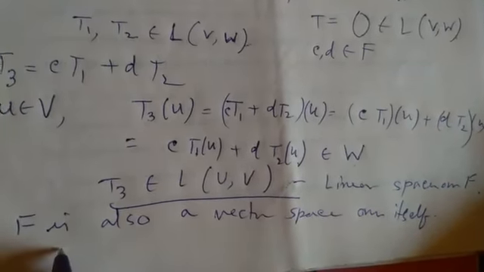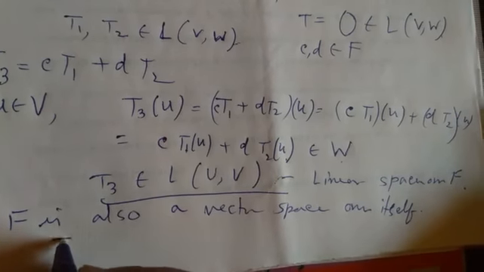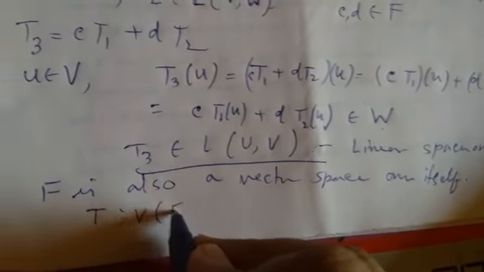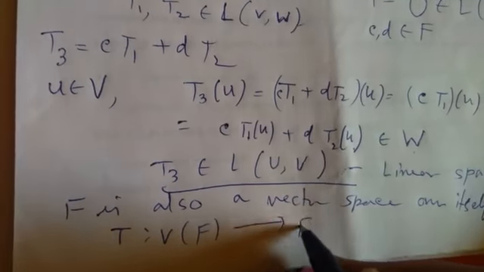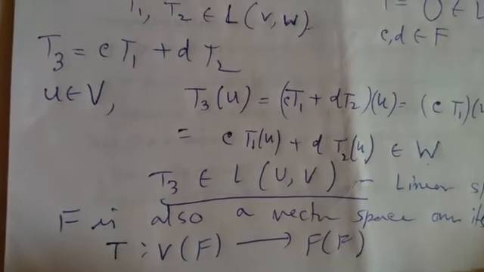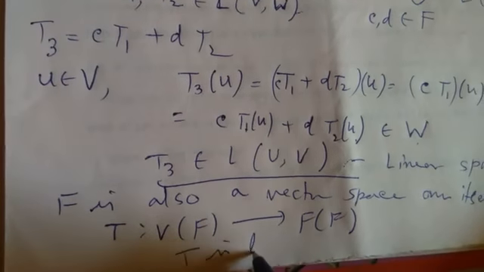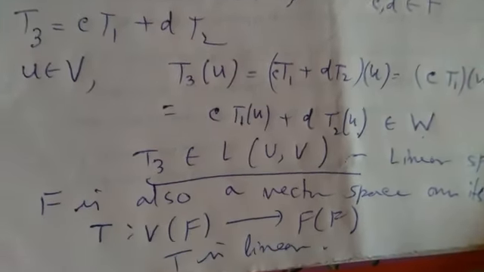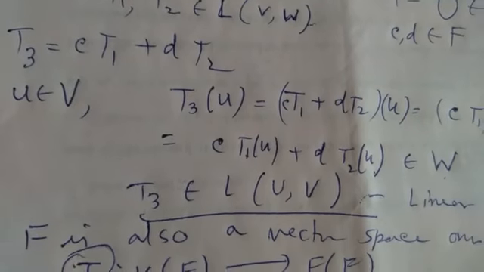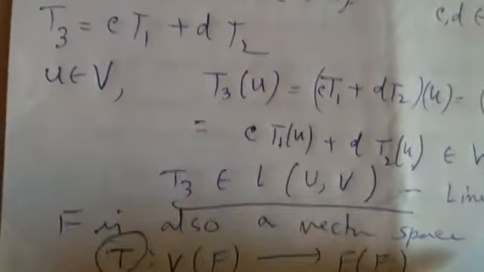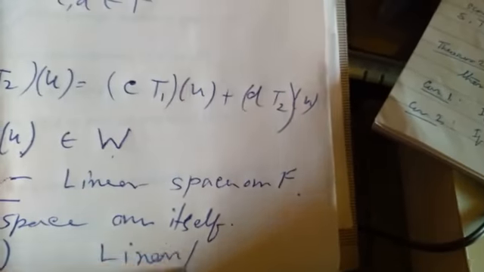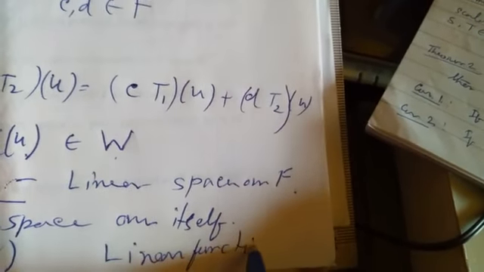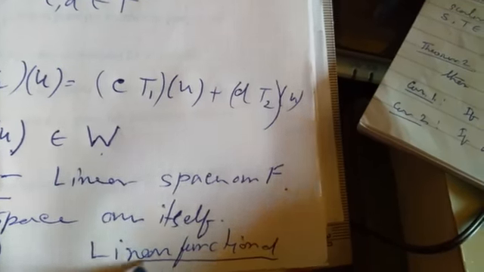So we can define a mapping T from V over F to the vector space F over F, and T is linear. Then this mapping T is called a linear functional.